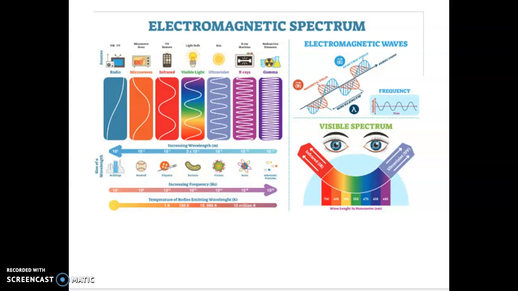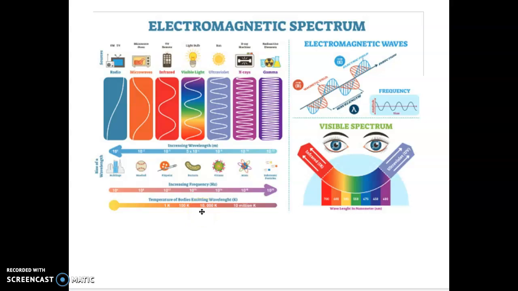So what is the electromagnetic spectrum? Well, basically it's a bunch of waves with a lot in common, and what they've got in common is where they come from. Electromagnetic waves are given off by objects that have energy, specifically objects at a temperature above absolute zero.